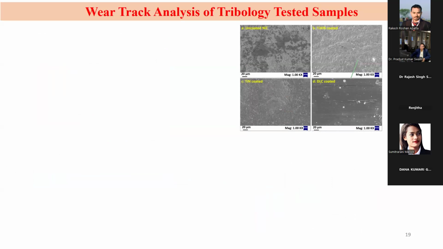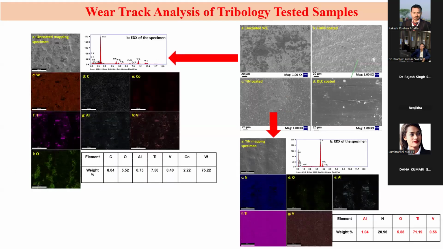And next, this is the wear track after the coefficient of friction sample when we have used the Ti6Al4V as the counter pin. So in this case, we can see here, as compared to the uncoated sample, the adhesion of aluminum and titanium is very significant.